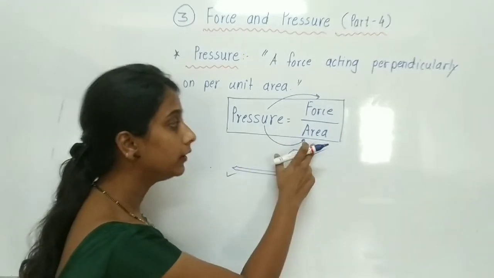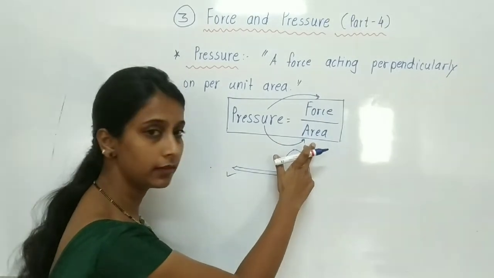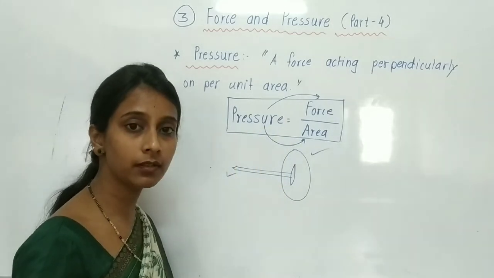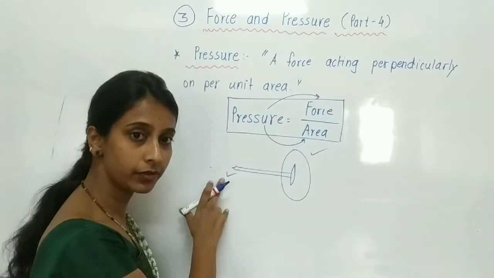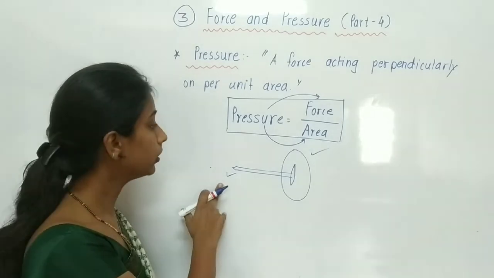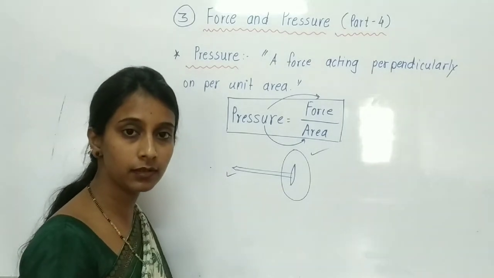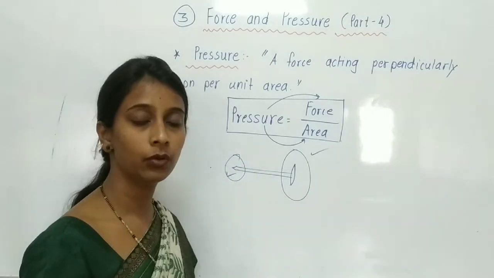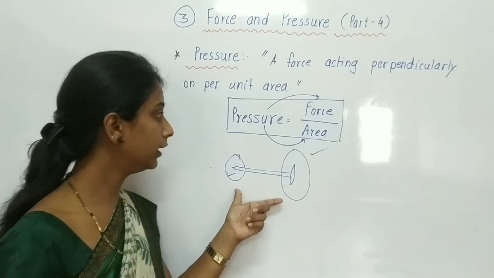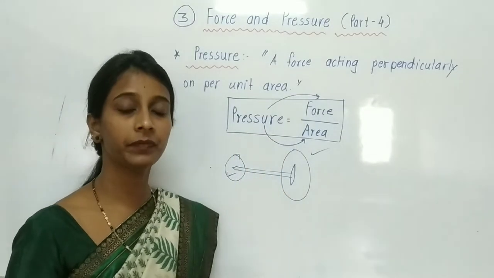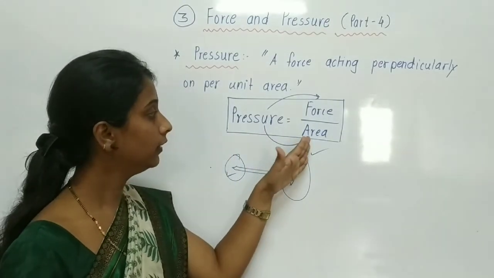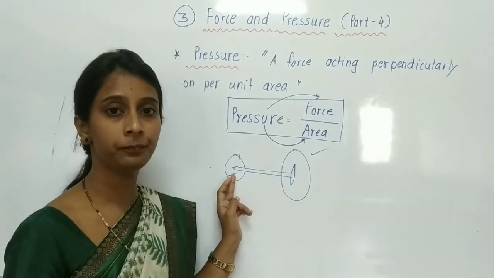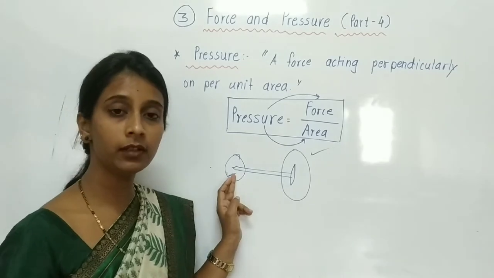And where the area is less, the pressure will be high, and due to the increased pressure, we can insert the nail from this side very easily. So this is about the nail: pressure and area are inversely proportional, so when area decreases, the pressure will increase.